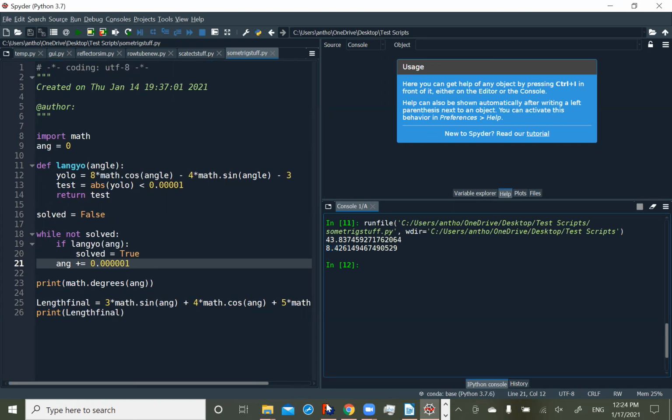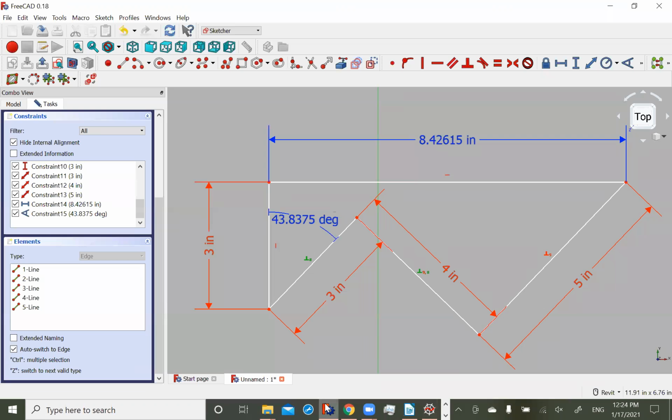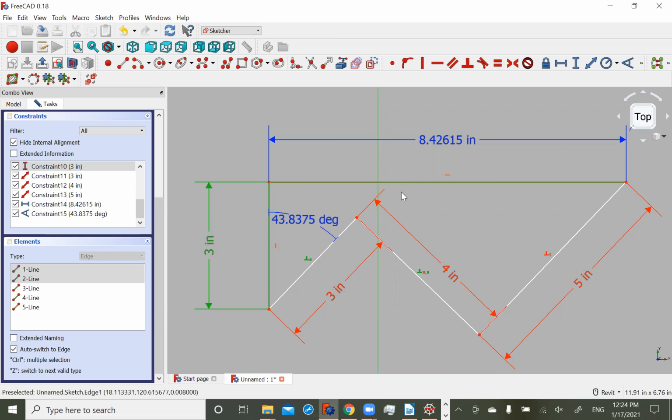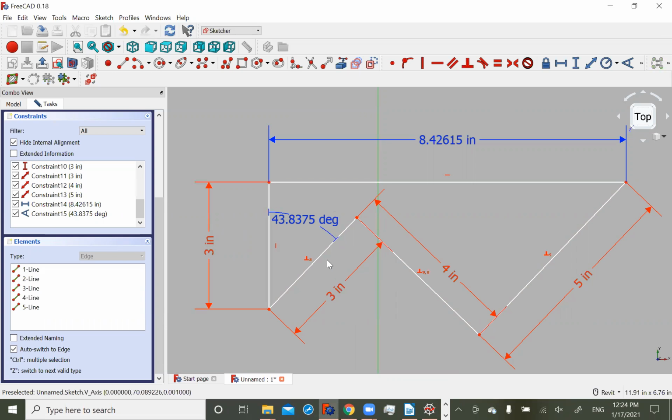And now a third method is just to draw it out. So I have over here FreeCAD, and I just recreated the problem and had the same constraints. So this is a vertical line, length 3, horizontal line length 3, line length 4, line length 5, and I made this 3 line and 4 line perpendicular to each other, and that 4 line and 5 line perpendicular to each other.